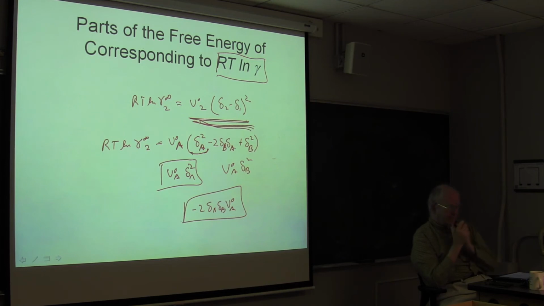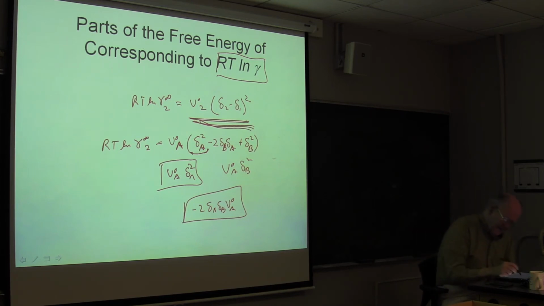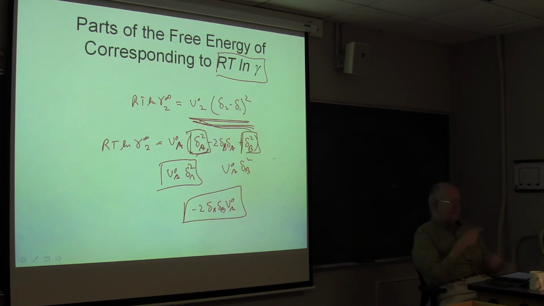Now, the square of a number is always positive, right? So this has got to be a positive quantity, that's got to be a positive quantity. These contribute 2 unfavorable terms to our energy, 2 unfavorable terms to our enthalpy, and 2 unfavorable terms to our free energy. Breaking the AA interactions and breaking the BB interactions are unfavorable and vigorously oppose the solubility of A and B.